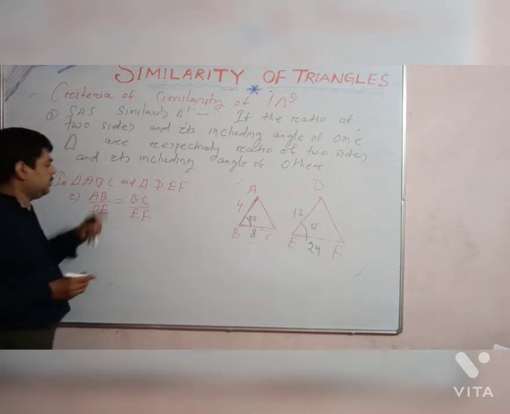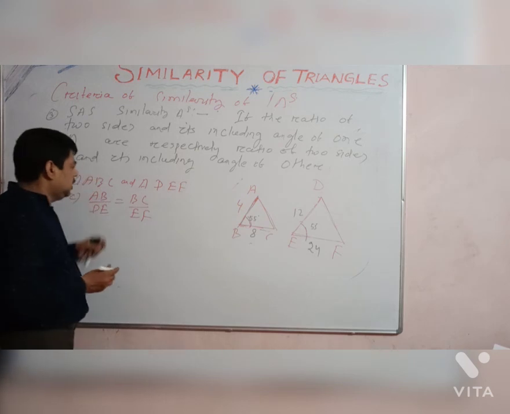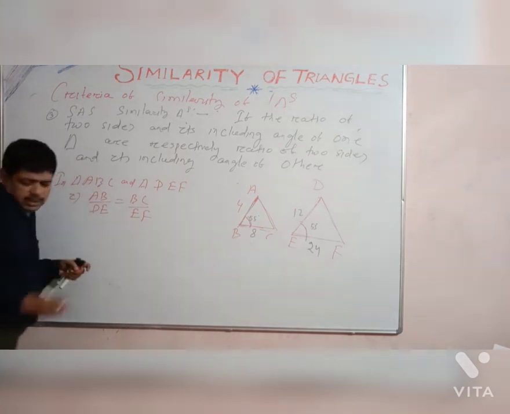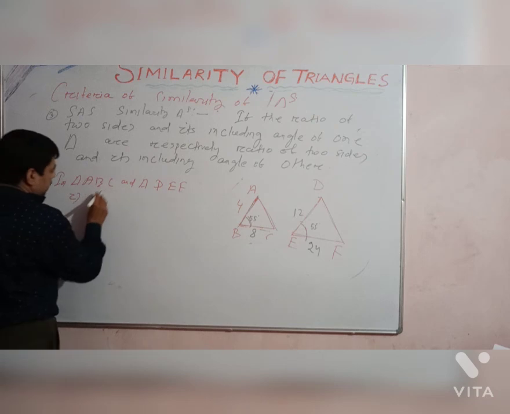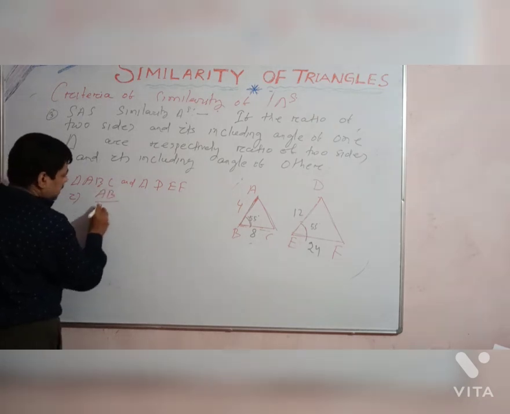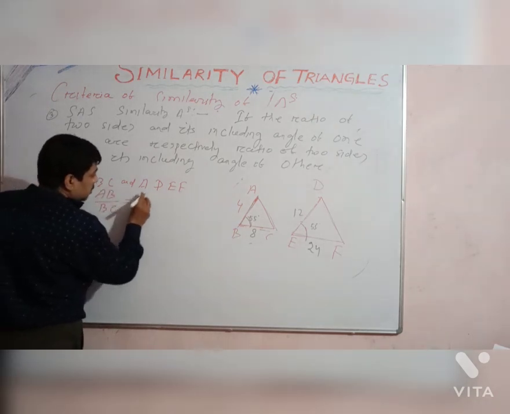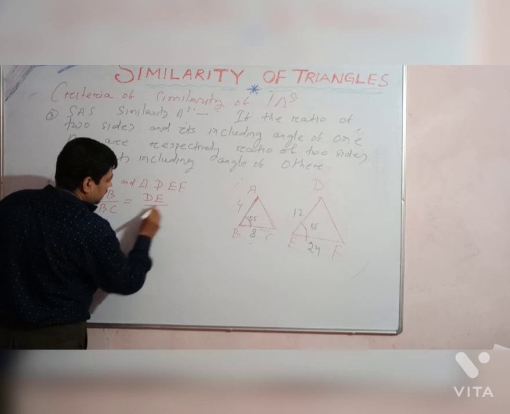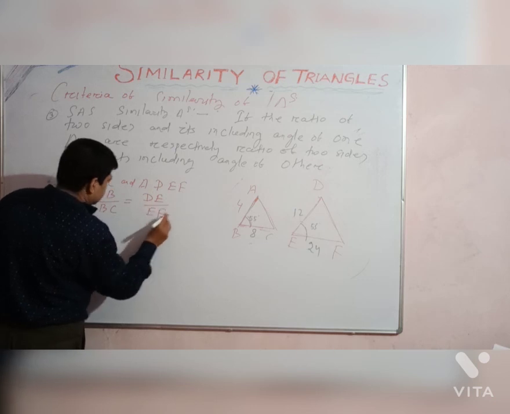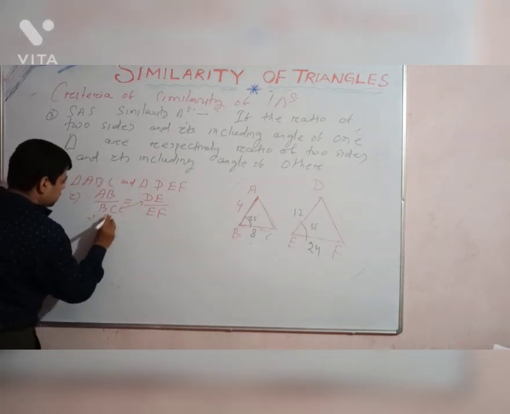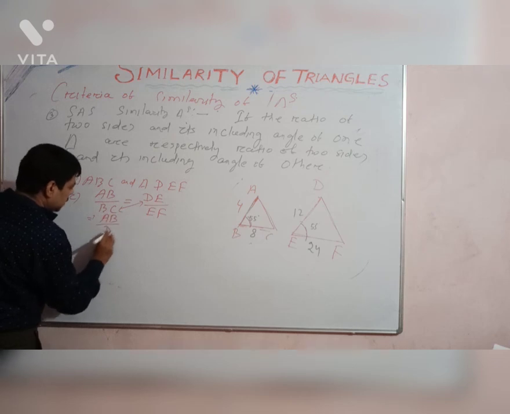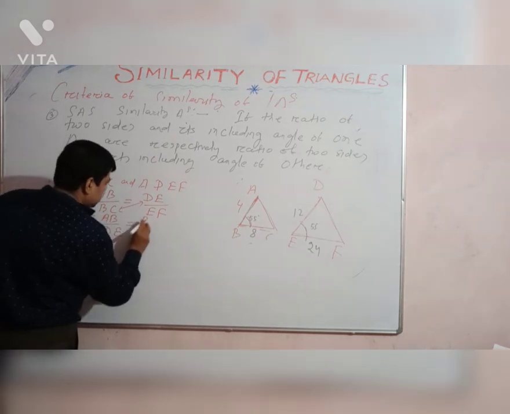We can write AB by BC is equal to DE by EF. You can write also in this manner. Okay, don't get confused. AB by BC is equal to DE by EF. Can we write it or not? If I transfer this one to this side, and this one to this side, I can also write AB by DE, yes or no, is equal to BC by EF.